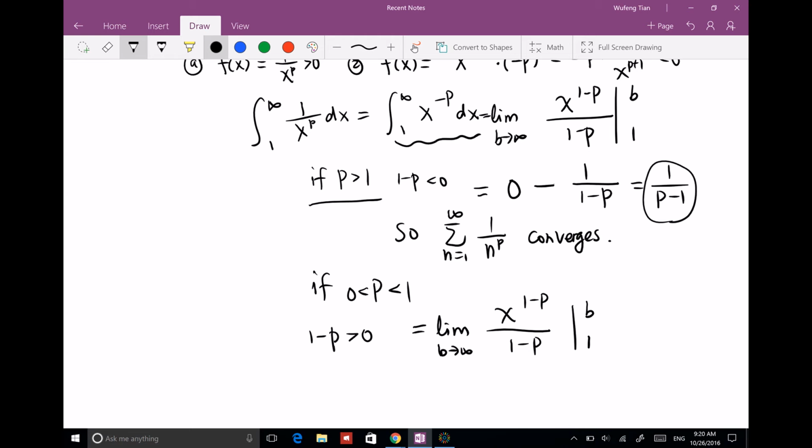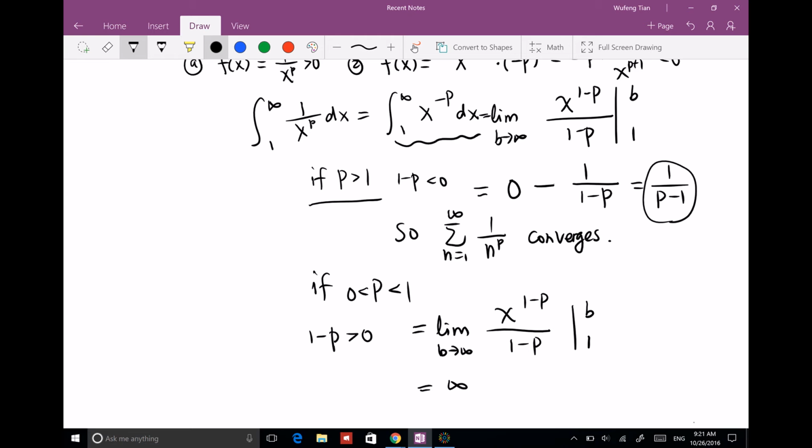So if p is less than 1, 1 minus p will be positive. If you plug infinity in, you get infinity to a positive power, like infinity to the 1/2, infinity to the 1/3 power. Infinity to a positive power gives you infinity, so the whole thing goes to infinity. Infinity to a positive power is infinity. Infinity to a negative power is 0.